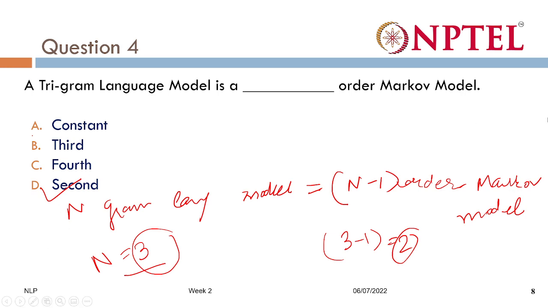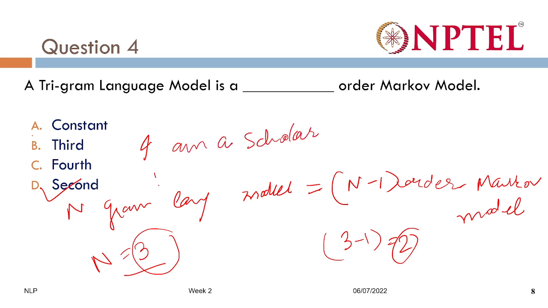This is a concept that they discuss in detail in the slides: why an n-gram language model is an n minus 1 Markov model. Let's say I am saying, I am a scholar.